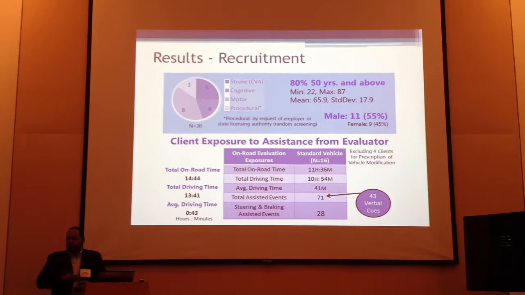And then 3 were actually procedural. There were 2 people who, as part of their occupation, were driving, so their employer asked them to do this every 2 years. And then 1 person was referred by the state, a random sampling technique in the state of Pennsylvania. So those were procedural, not really that they had a medical issue.